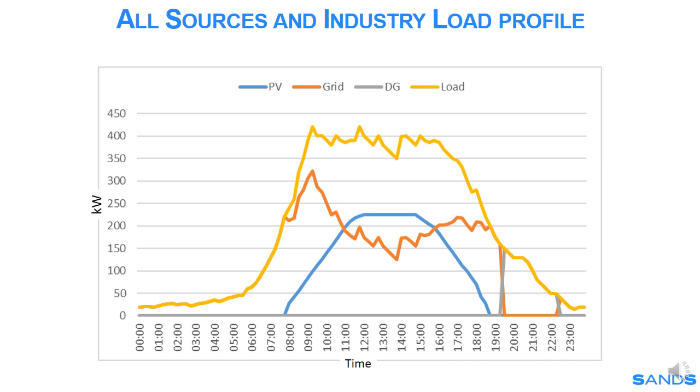For illustration, we have also included a grid failure duration from 7:30 pm to 10:15 pm, during which the diesel generator takes the load. With the grid power restored at about 10:15 pm, the load shifts to the grid till midnight.